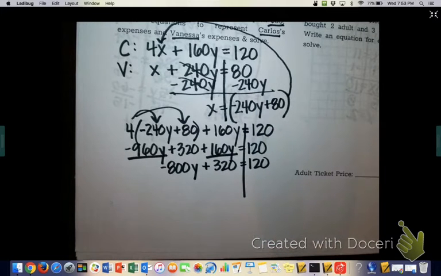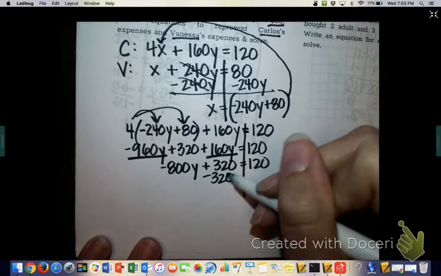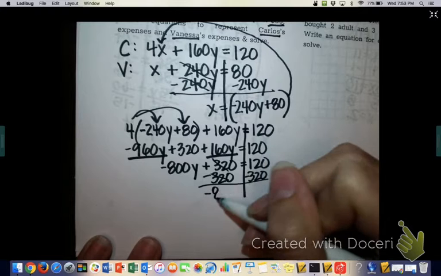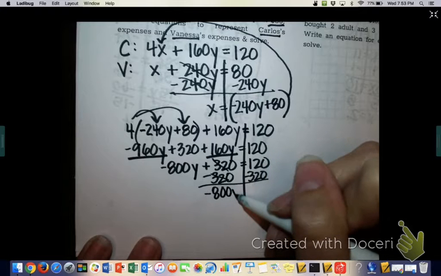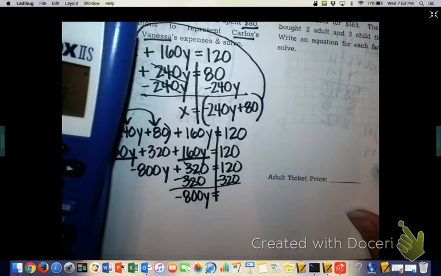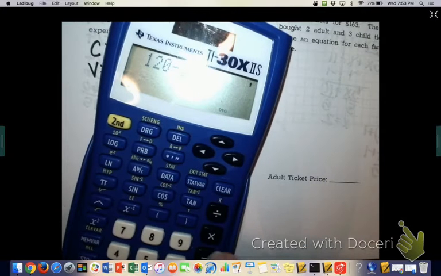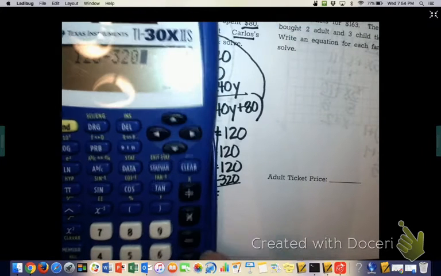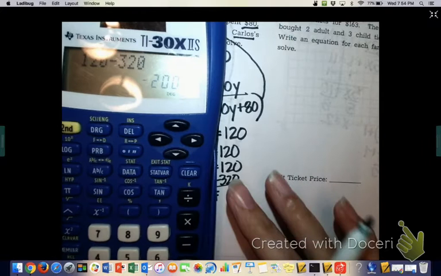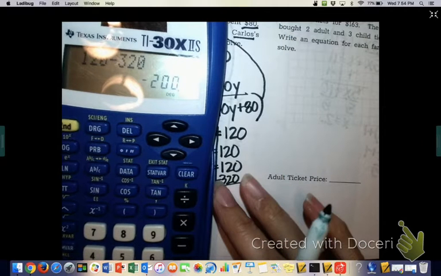Minus 320 on both sides. Negative 800Y equals 120 minus 320, which is negative 200. Last step is divide by what's next to your variable.